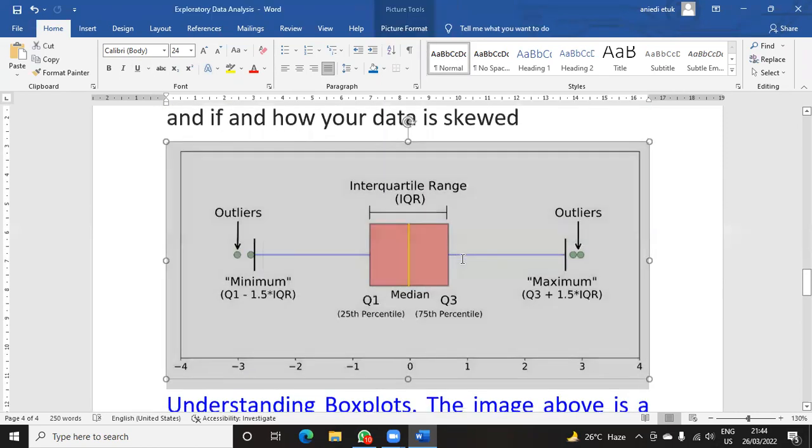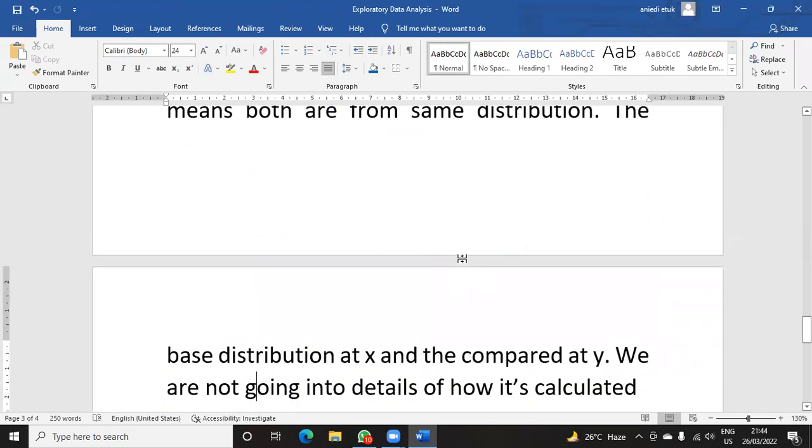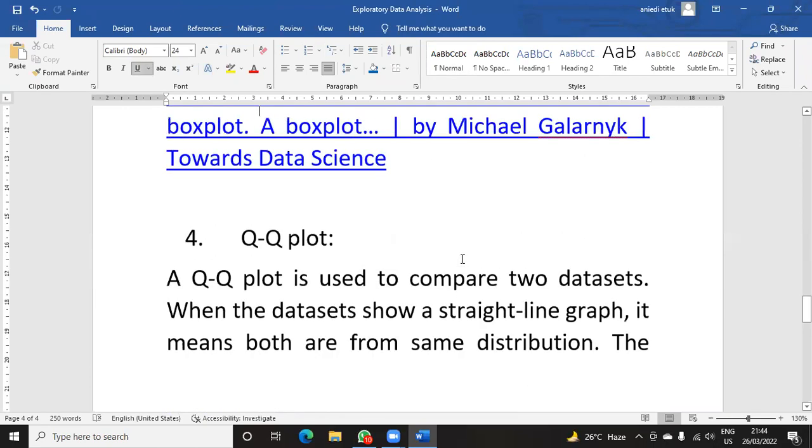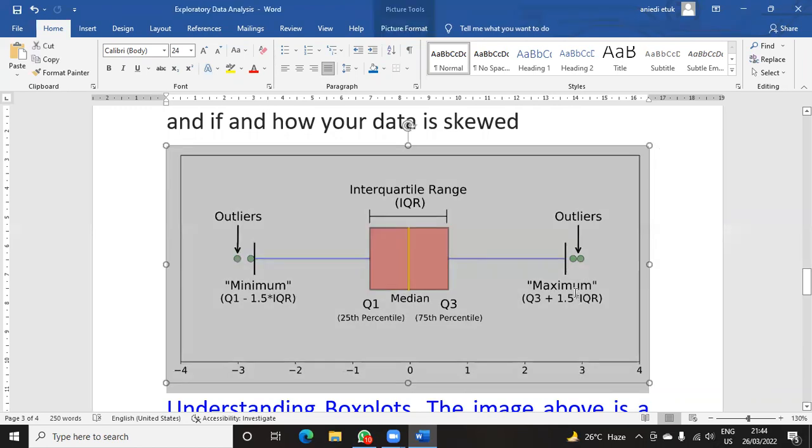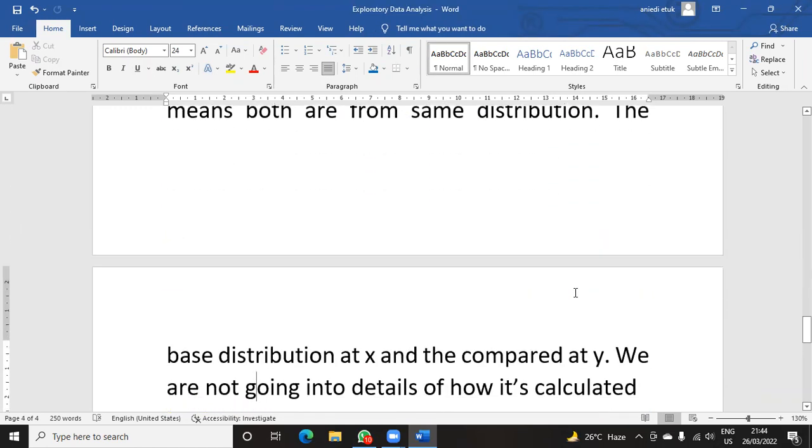I didn't put out a graph for the quantile plot, but you obtain the same minimum, first quarter, median, third quarter, and maximum of each of the populations. Then you now compare. If it gives you a straight line graph or almost a straight line graph, you know that the two populations are from the same distribution.